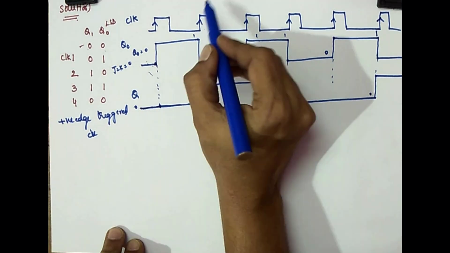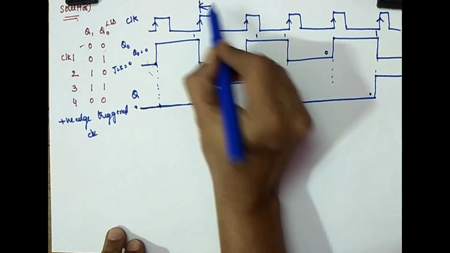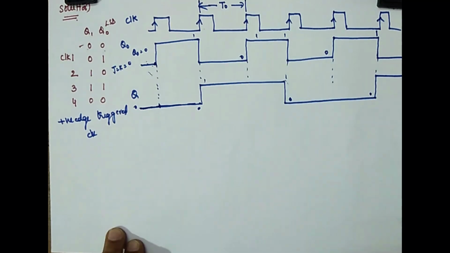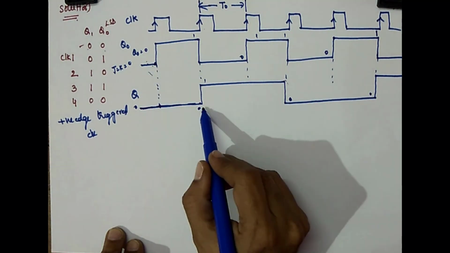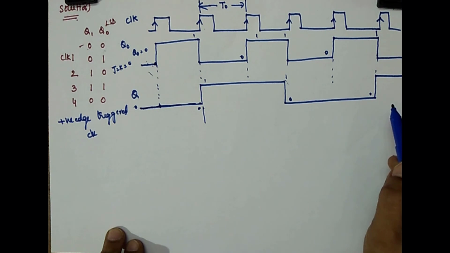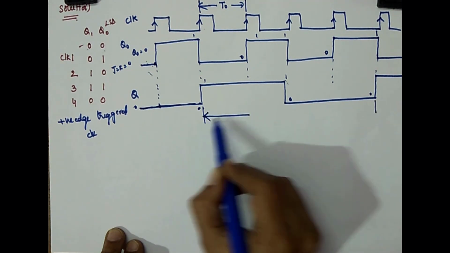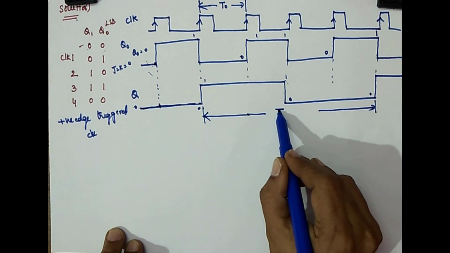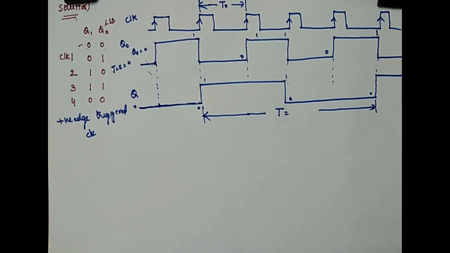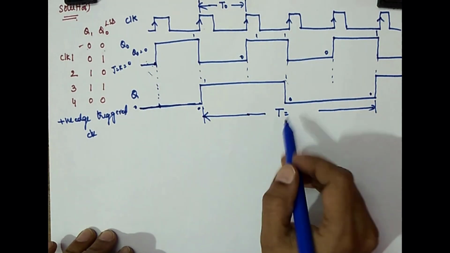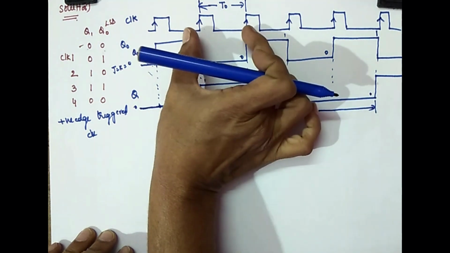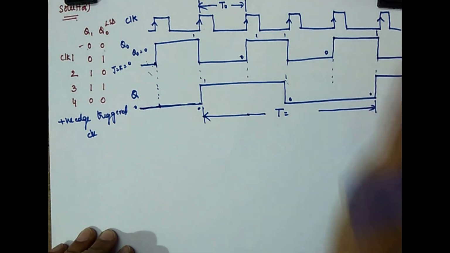Now suppose you consider the clock time period as T0. Now, what about the time period of our output Q? Let it be T. For the Q output, the time period T, if you observe this period, includes 4 clocks. Totally 4 clocks.